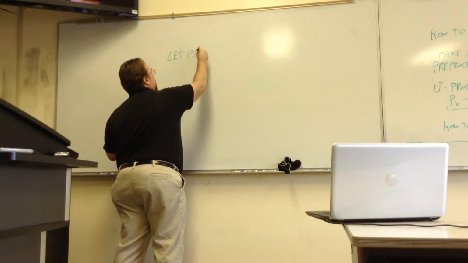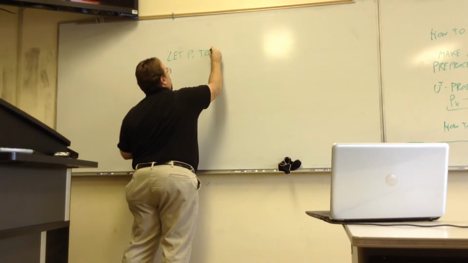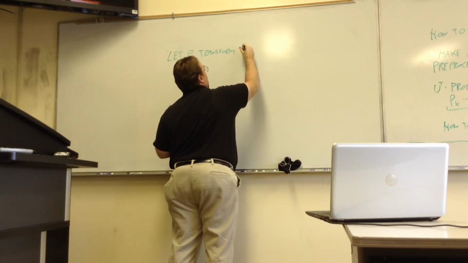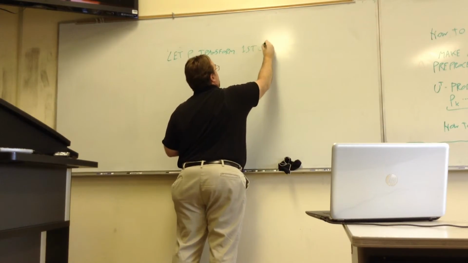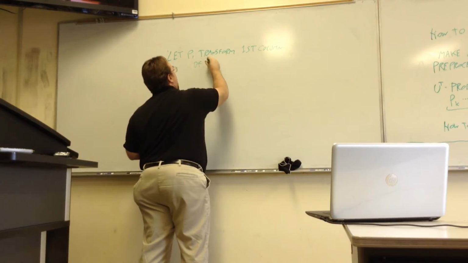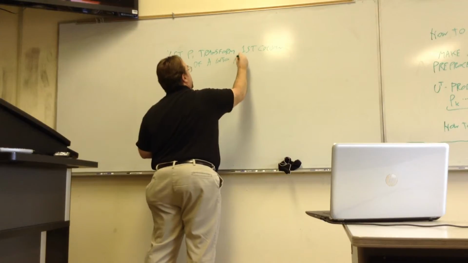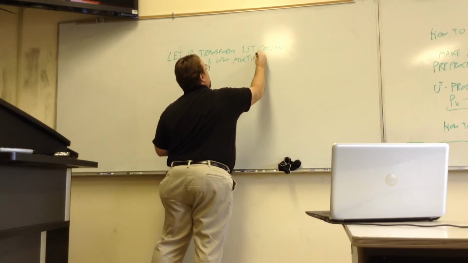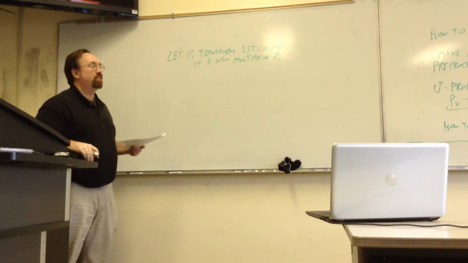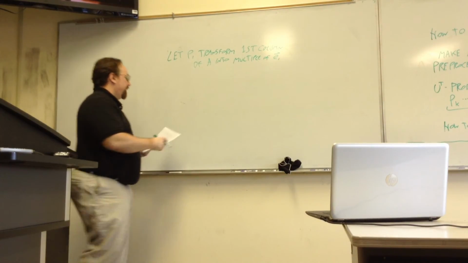So let's suppose I let P1 be a Householder reflection that transforms the first column of A into a multiple of e1. So it's like QR factorization. It zeroes out everything except the first entry.